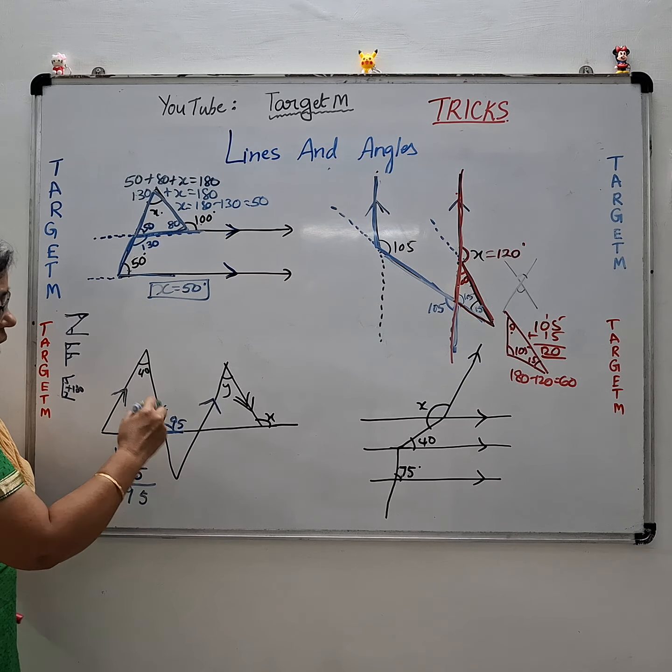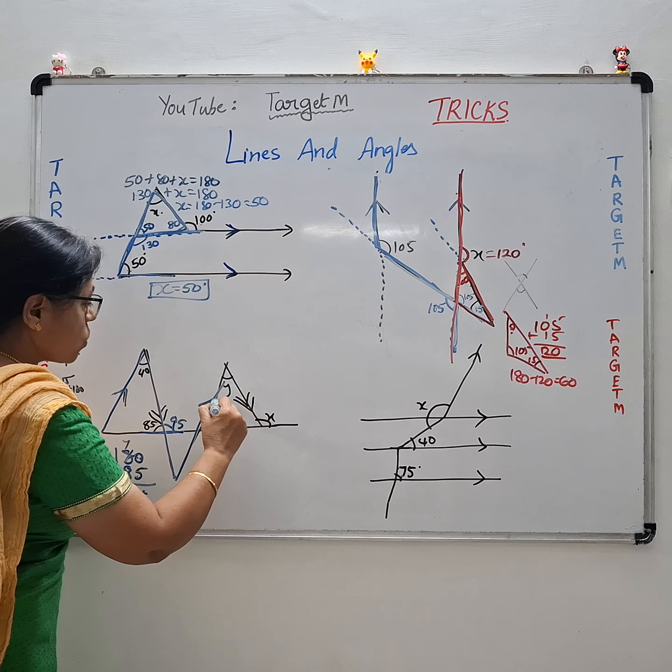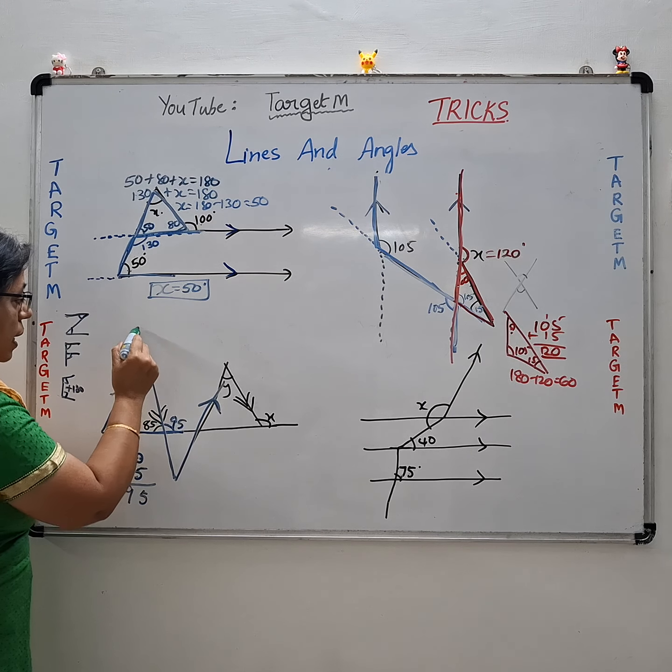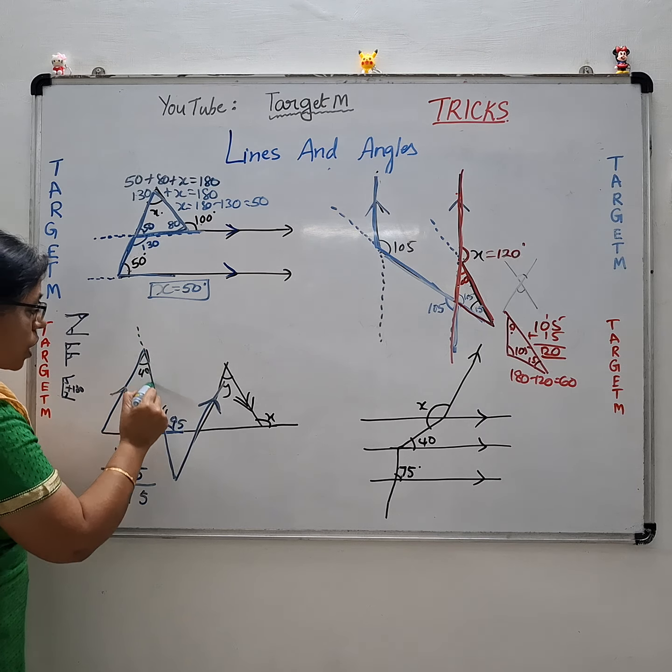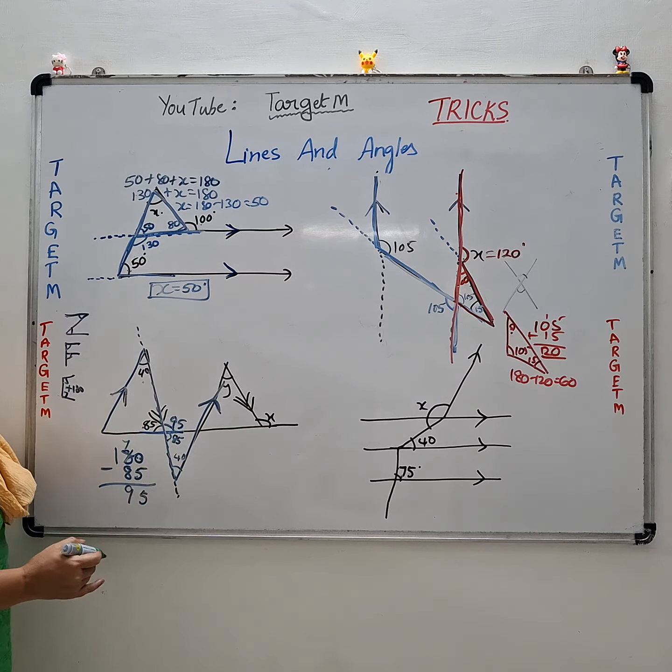Now let us see. Our target is to jump to this triangle now. This single line is coming like this, and this line. So these two are parallel lines. If these two are parallel lines, whatever line they have given becomes a transversal. So if here 40 degrees, here also 40 degrees, and here 85 degrees, vertically opposite, this is also 85 degrees.